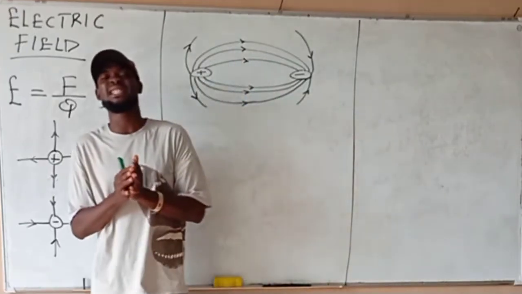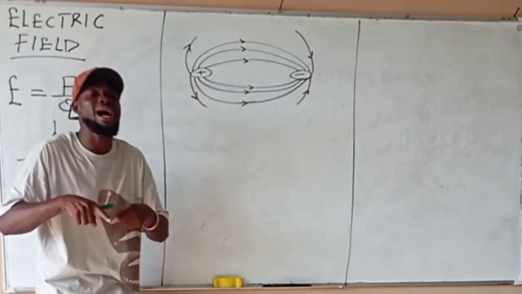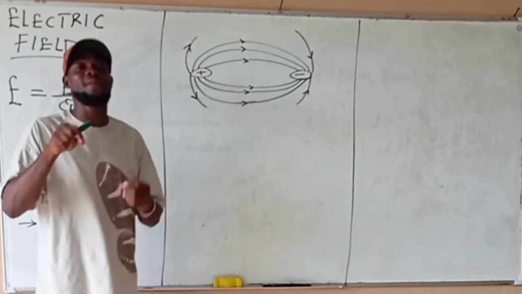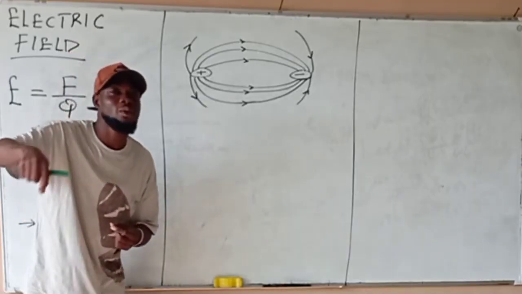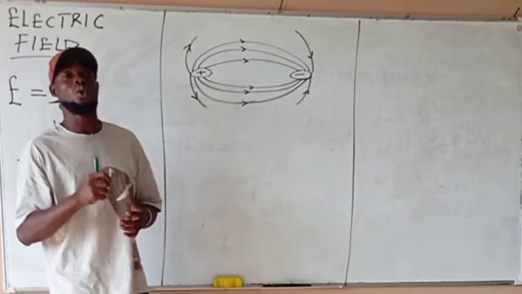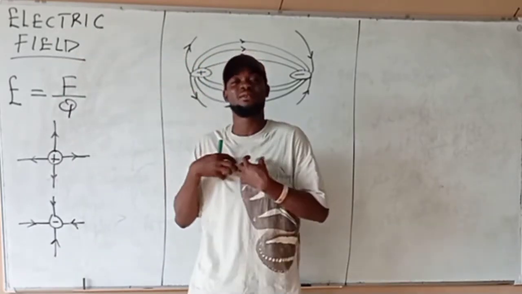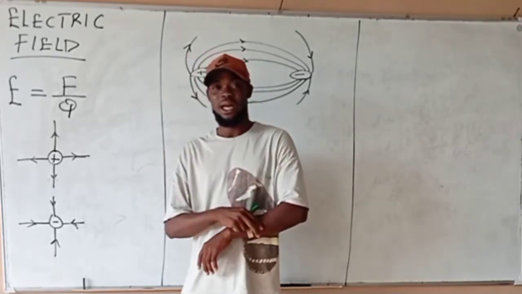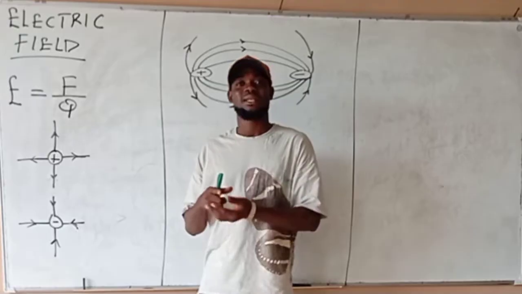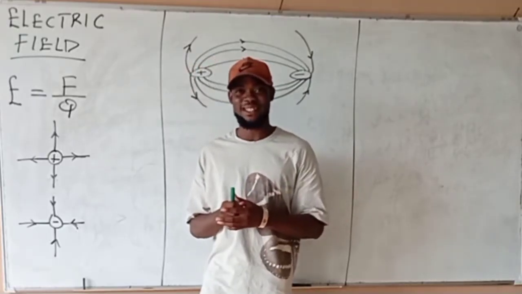Now, electric field is produced in a place where we have electric charges, because where you can feel electric force, we call that region electric field. So that is why I said electric field is a place where you can feel electric force, and you can feel electric force around an electrically charged body. Let's take a look at that.